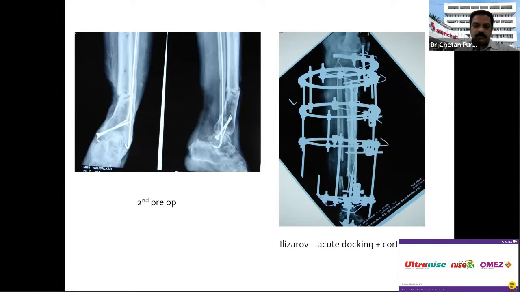This was one of the initial cases. So at that time, I used to keep those K-wires just to enhance the fracture stability. But nowadays, we just use it intra-op, and once the rings are put on and connected, then we remove the K-wires.